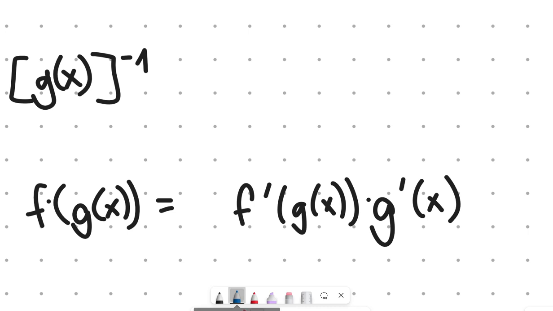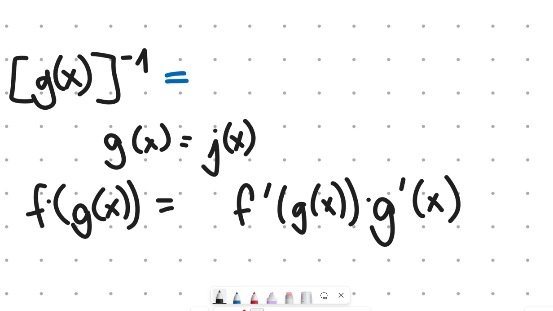So if we let g of x to the negative 1 power just be j of x. Okay, so j of x is g of x to the negative 1 power. Let's equal g of x to some variable n.